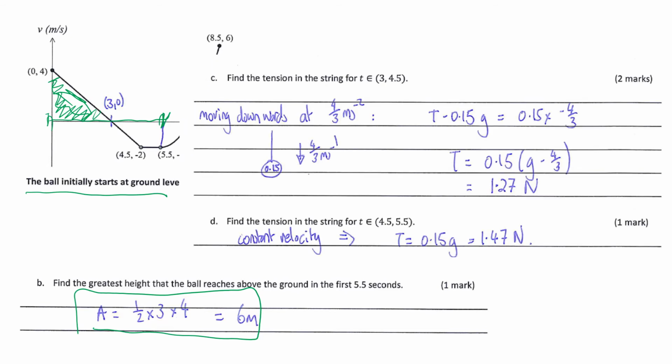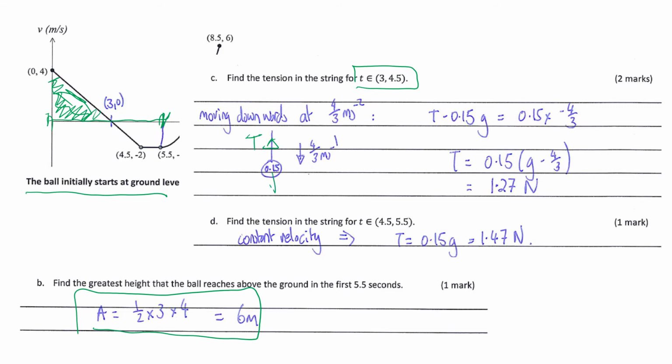All right, find the tension in the string. This is where it flips from kinematics to dynamics, and this is dynamics where there's only vertical motion. Think about your analysis in terms of lift problems. That's the sort of thinking you've got here. From t equals 3 to t equals 4.5, it's traveling downwards with constant acceleration. So this is the situation. We've got our tension in the string.